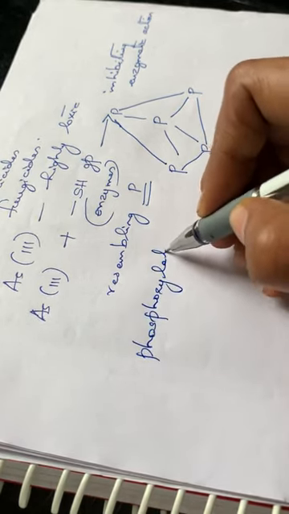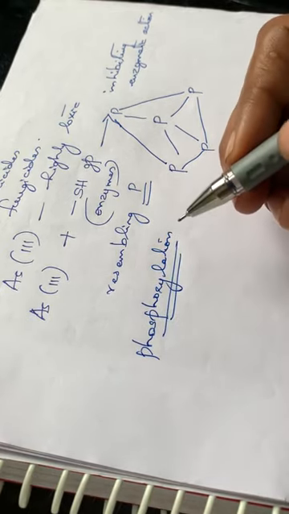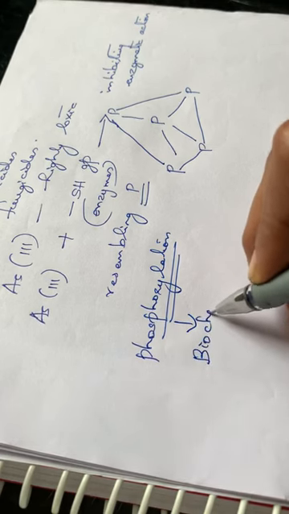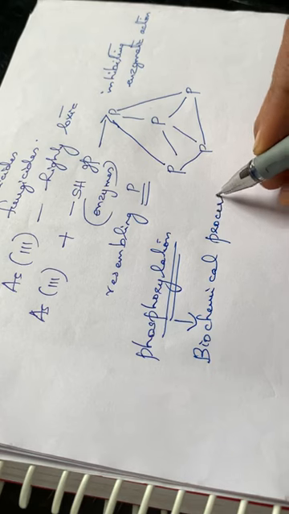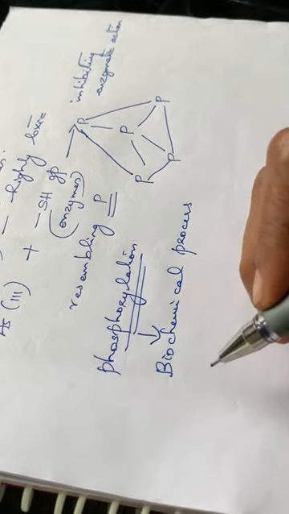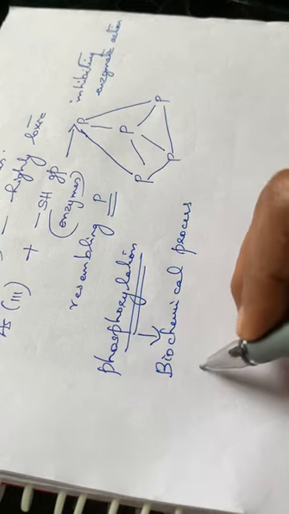See, you know, this phosphorylation is a biochemical process going on in our body. What is phosphorylation? We have our food, and this food is converted to glucose, isn't it?